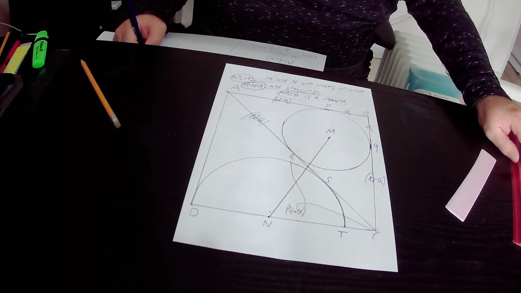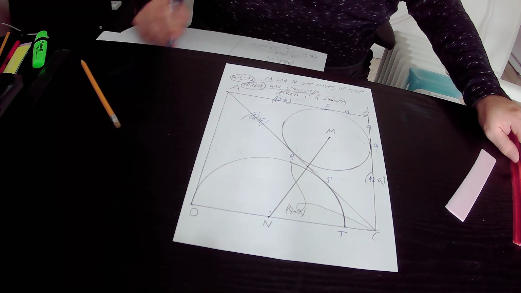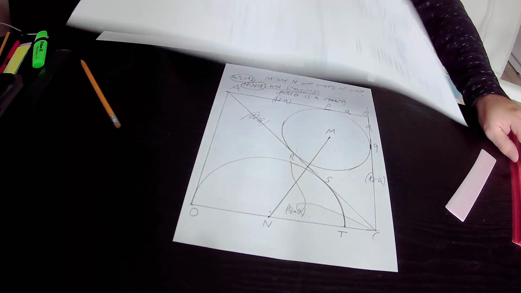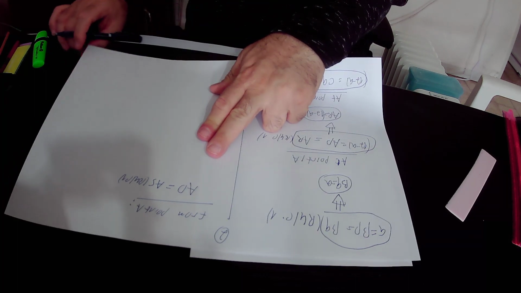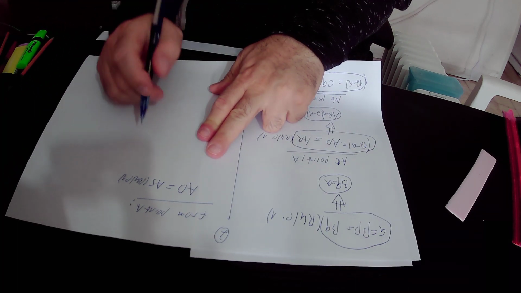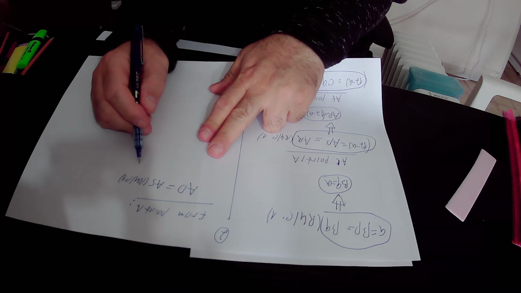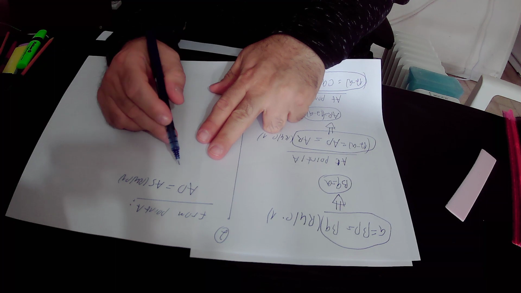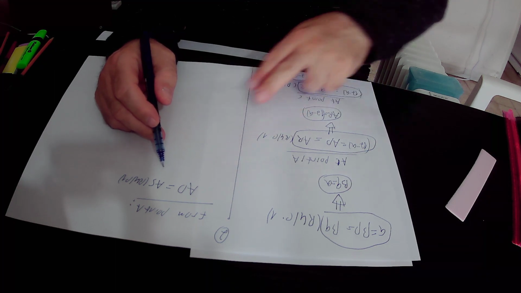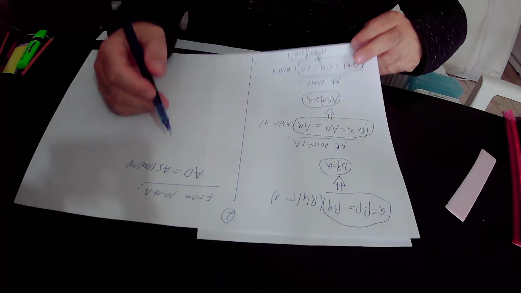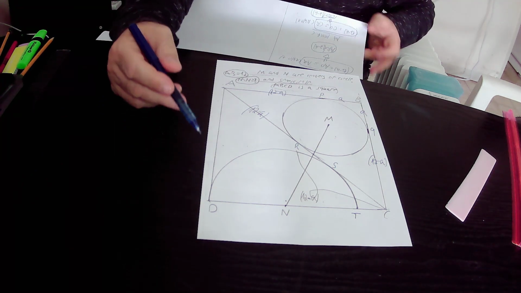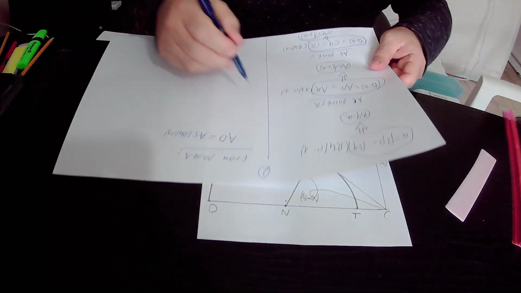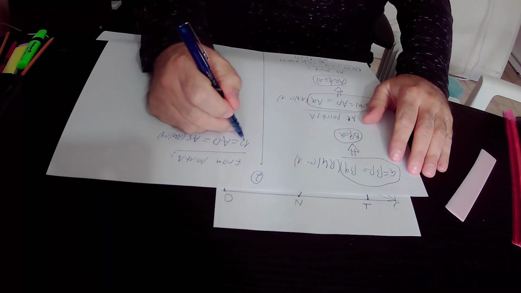According to rule number 1, AD is equal to AS, because from the external point A we have two tangents to the semicircle, therefore the lengths of those two tangents are equal. But according to what is given in the question, AD equals 12 units.